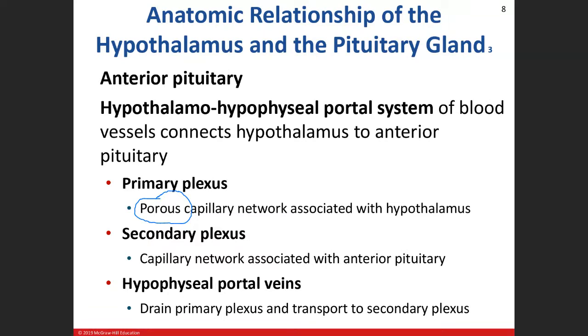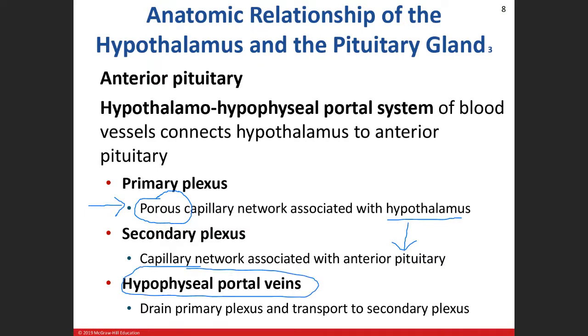So it makes sense that these capillaries are porous so the hormones can get in. They get into our porous capillary network in the hypothalamus, and they're going to travel down to the anterior pituitary. In order to get there, they've got to go through the hypophyseal portal veins.